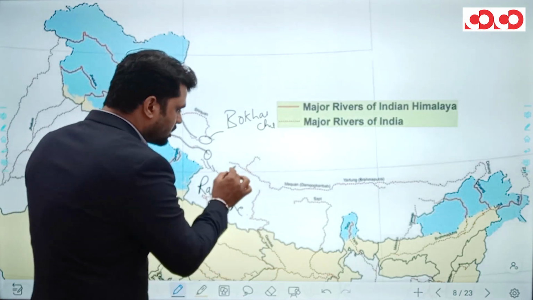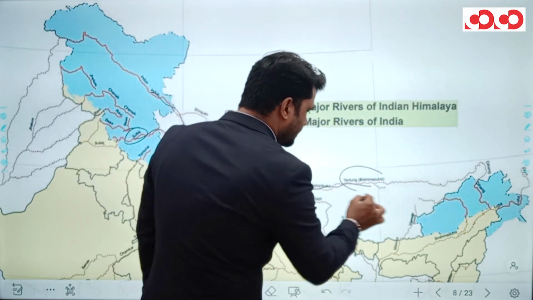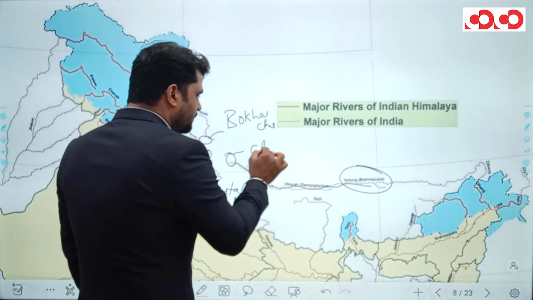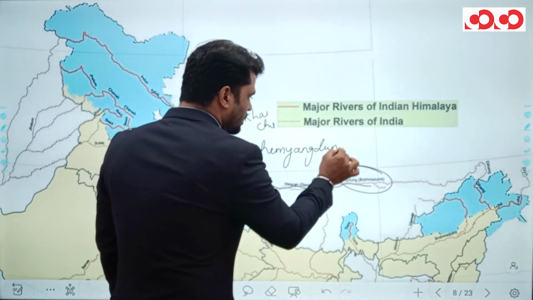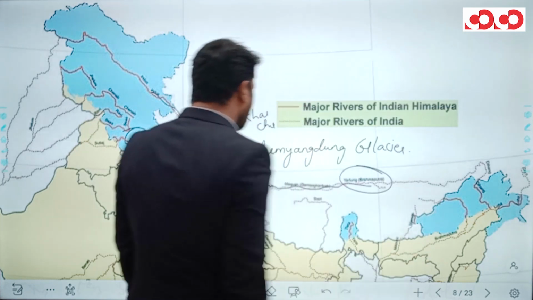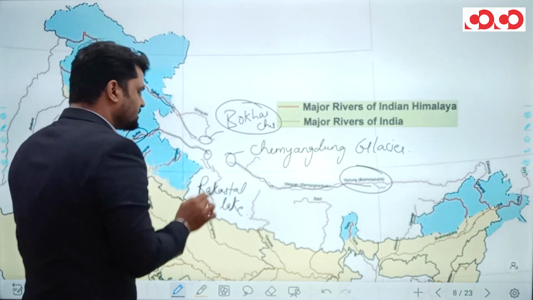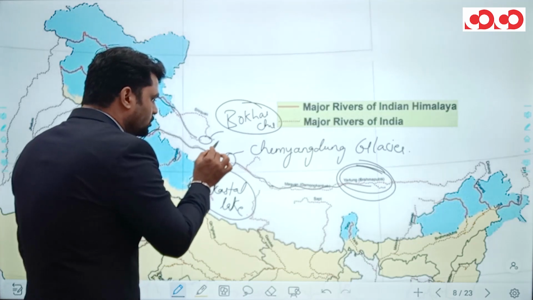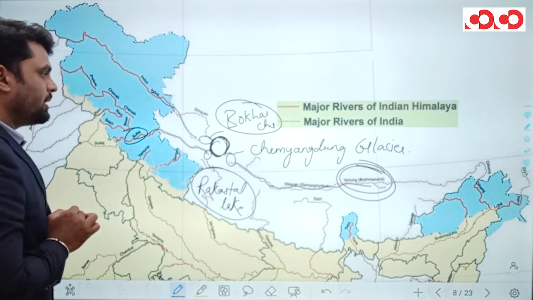Clear? And here you are witnessing a river moving eastward, that is Brahmaputra or Sangpo river, which originated from Chemayungdung glacier. Clear? So what do you see? You are seeing that the origin place of Indus, Satluj and Brahmaputra is near this Mansarovar lake of the Tibet plateau.